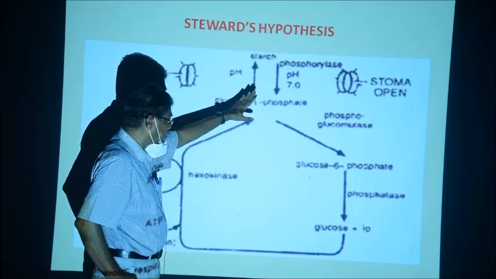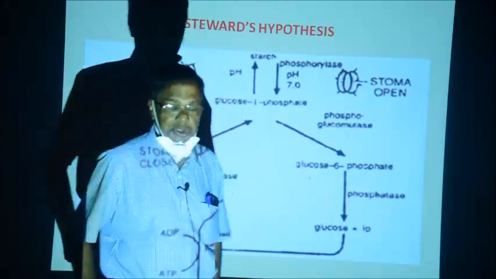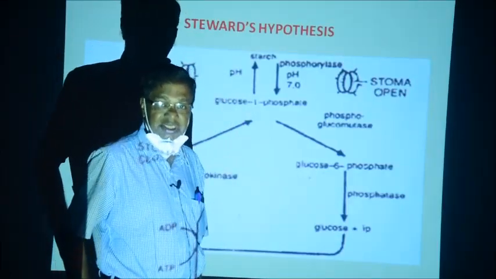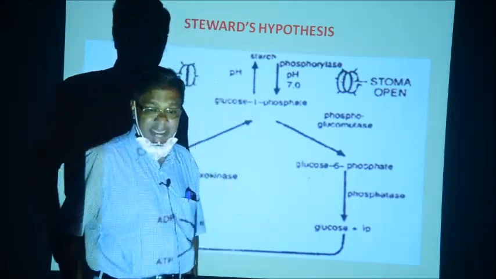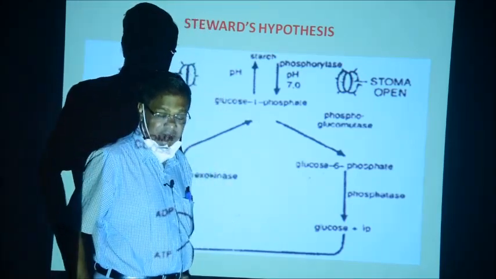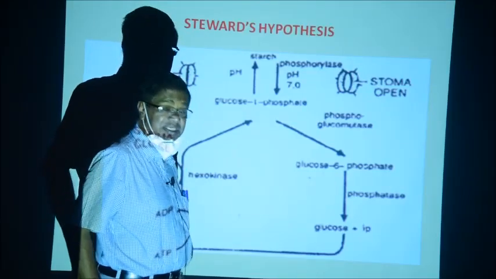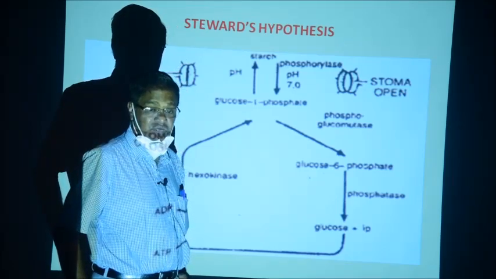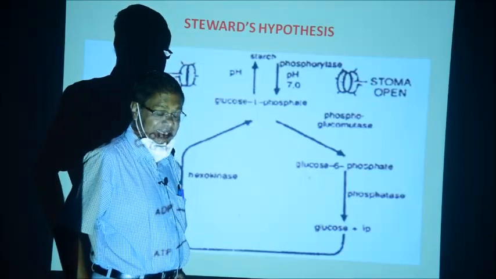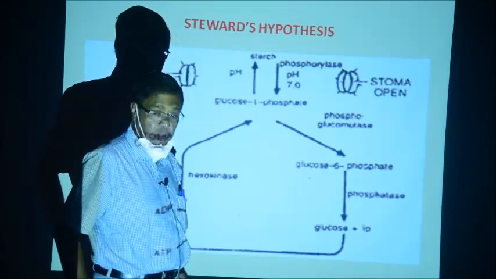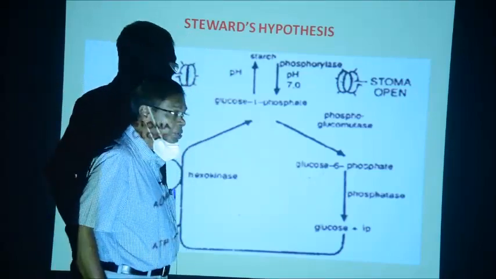Now, pH is not mentioned here. So, this is the sequence. I am repeating the sequence here. During the daytime, starch is converted to glucose 1-phosphate at pH 7 to 7.5, and this is carried out by an enzyme phosphorylase. Now, glucose 1-phosphate is then converted to glucose 6-phosphate in the presence of the enzyme phosphoglucomutase.